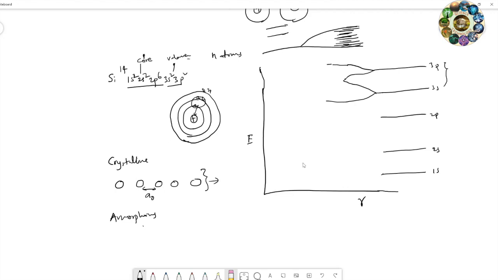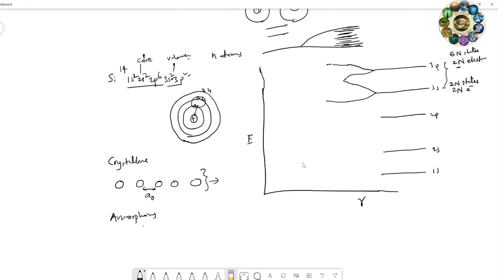If you take n number of atoms, there are 2n states in the 3s orbital, and there are 2n electrons. In the case of 3p, there are 6n states, but only 2n electrons are there.